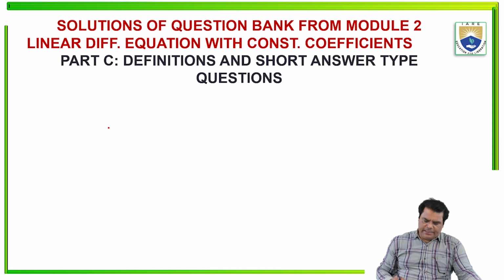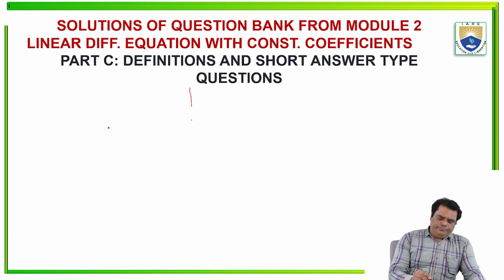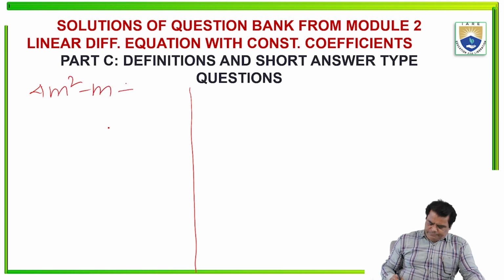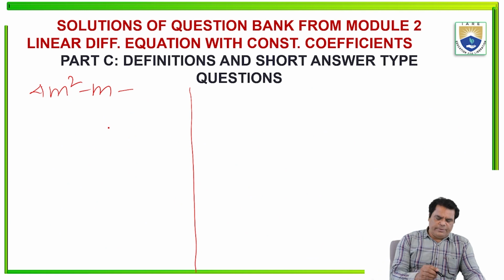Then we get 4m square minus m plus 1 equal to 0.